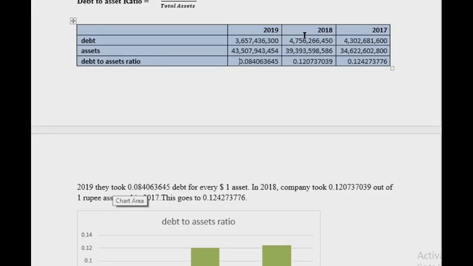In 2018, for every $1 of total assets, they have taken $0.12 as debt. So external parties have a claim on our assets only up to 12% approximately, or you can say every $1 of total assets contains $0.12 as our liability or obligations.